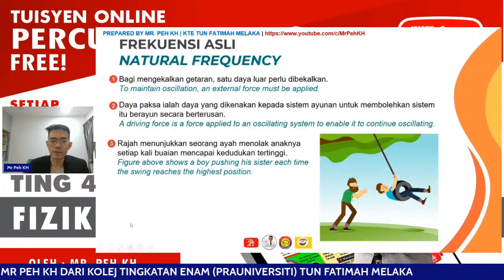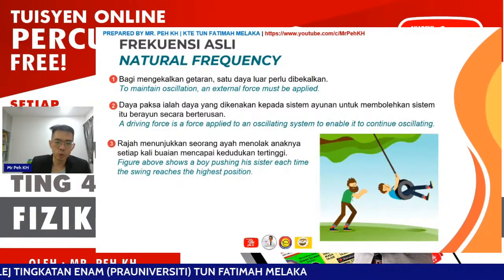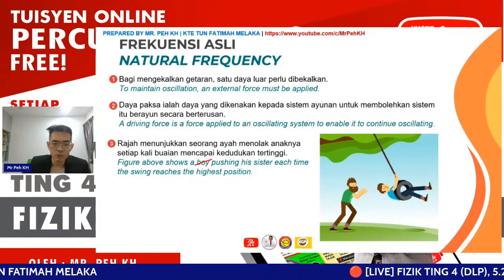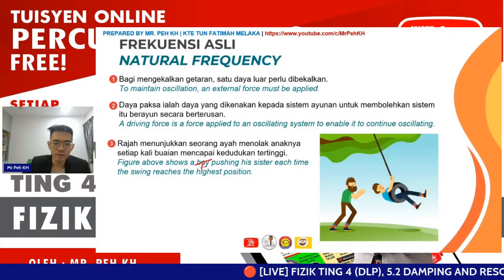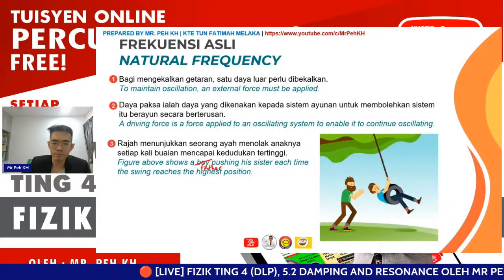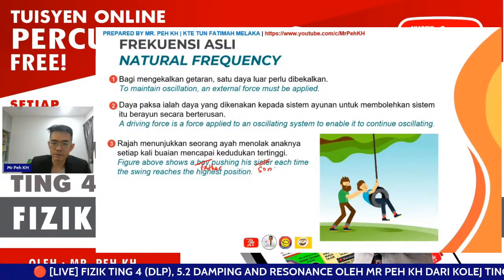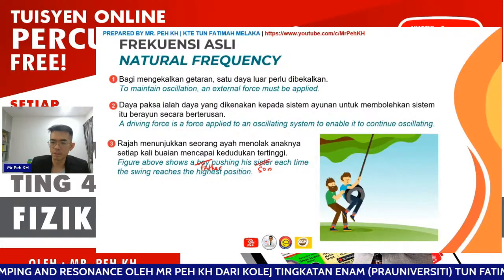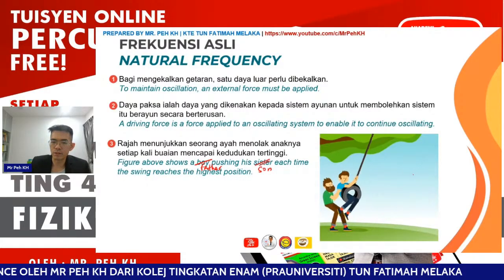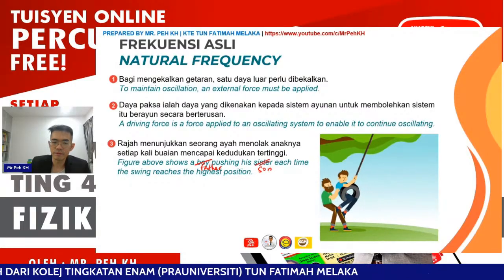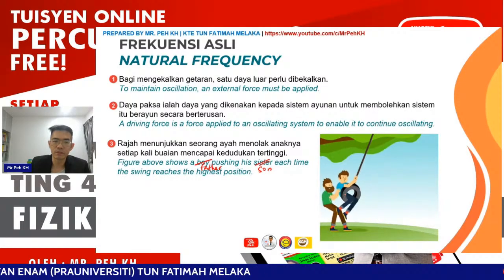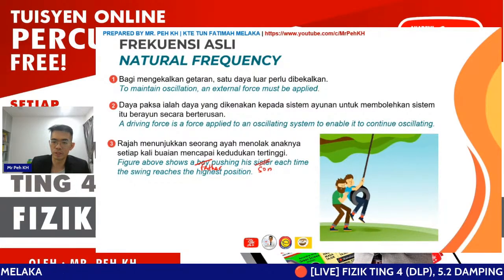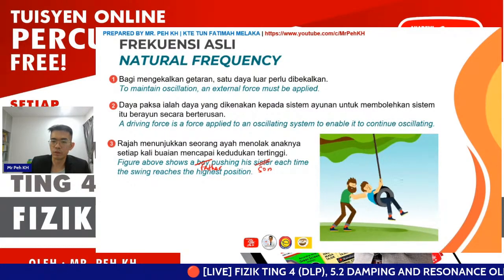Okay, so here we have one example. The figure shows a father pushing his son each time the swing reaches the highest position. So when it reaches a high position, the father gives an external force to the son so that the oscillating system, or the swing, can continue to swing.